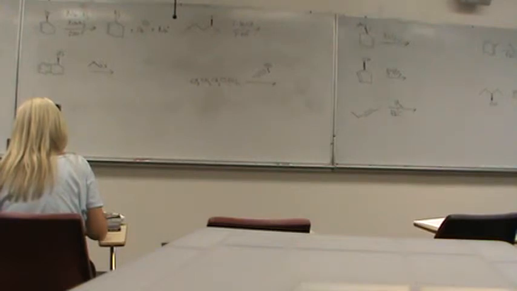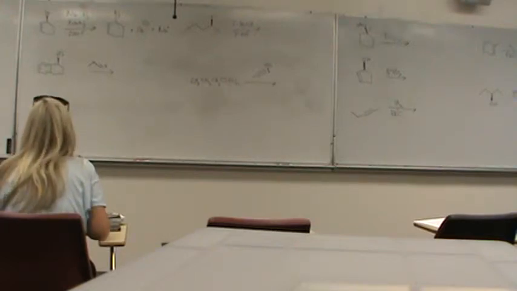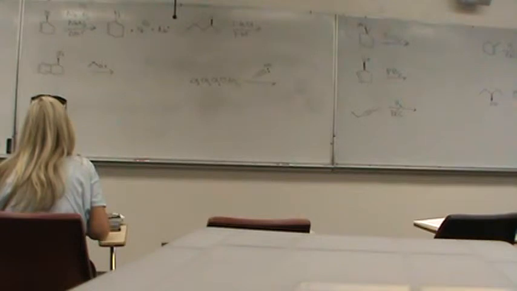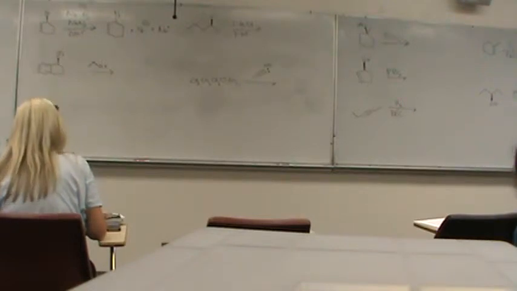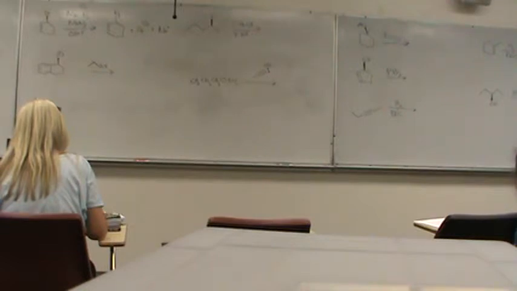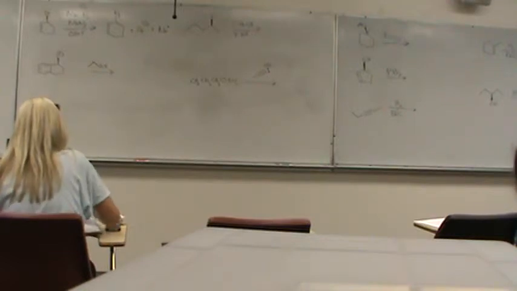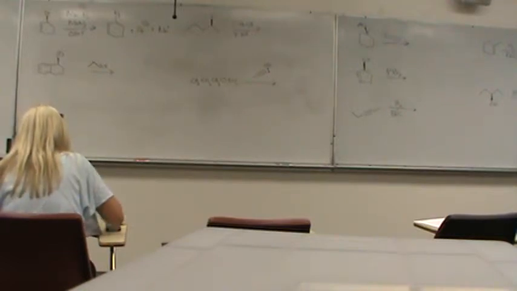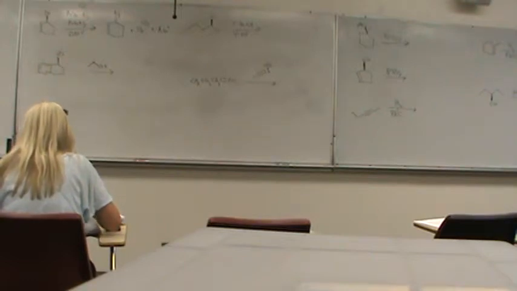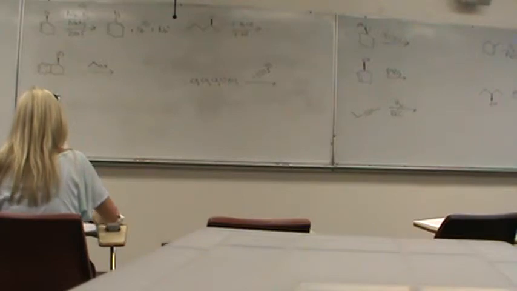If you go to that chart and look under secondary substrate in a protic solvent, first of all, it's going to be a 1 reaction, because it's protic solvent. It's either going to be SN1 or E1, and in this case, you can get both.